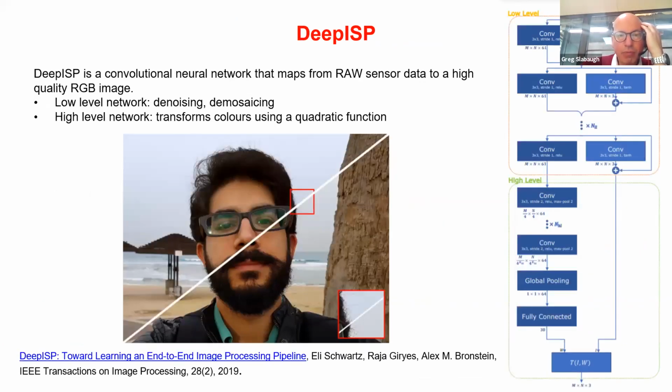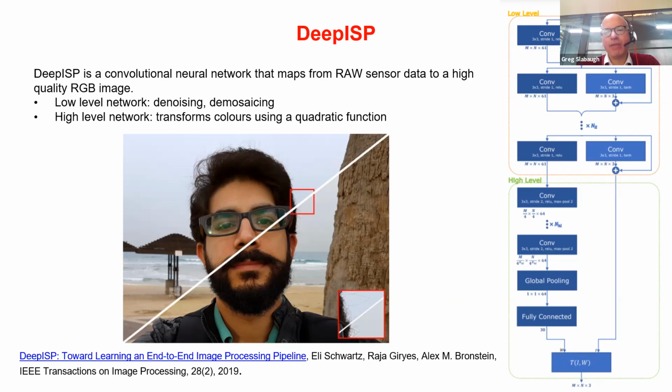A paper came out a few years ago from Alex Bronstein's group, and they created a method called Deep ISP, which is essentially a convolutional neural network that takes raw sensor data and regresses a high quality RGB image. To do this, it has to mimic the entire ISP. So it has to denoise the data, demosaic it, do automatic white balance, high dynamic range, everything. And they're able to show that this works.